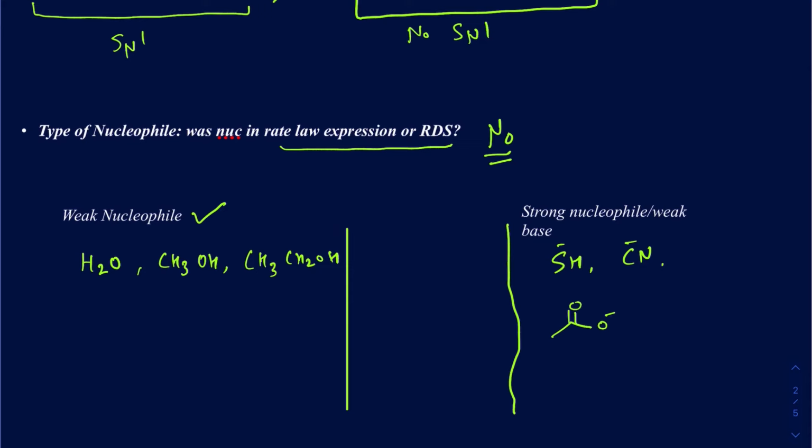And then you have some borderline nucleophiles, like I can have H2S, I can have NH3, or any amine basically. These guys are not really super strong nucleophiles. They're not really weak nucleophiles. They are on the borderline. So they can still do an SN1 reaction.